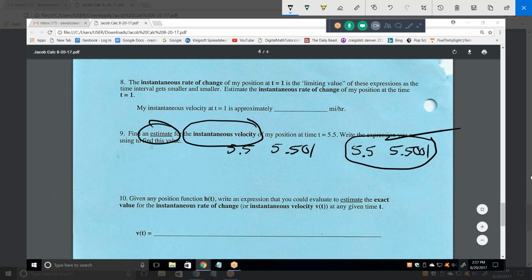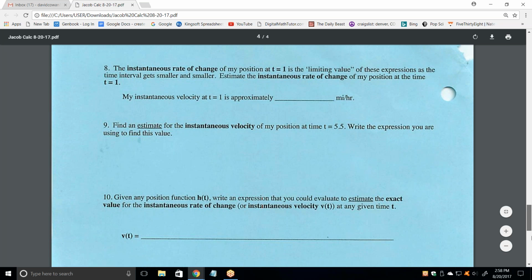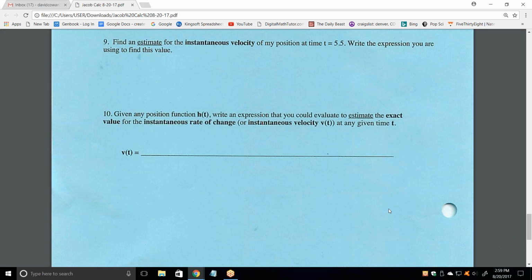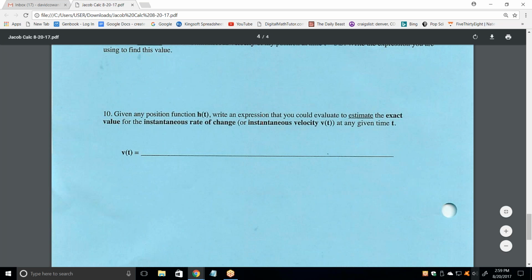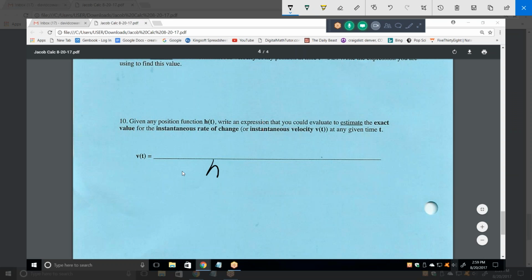And finally, let's look at number 10 here. Just one more. All right, I'm just going to give this one to you. If I have a position function, in other words h of t equals this position function, I'm going to call it s of t, because that's what position functions are called.